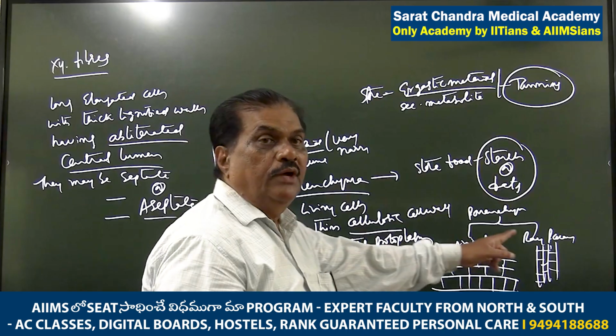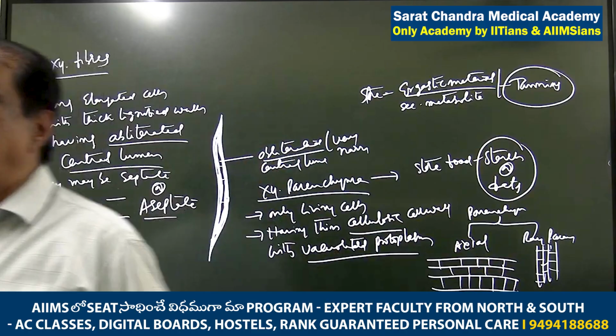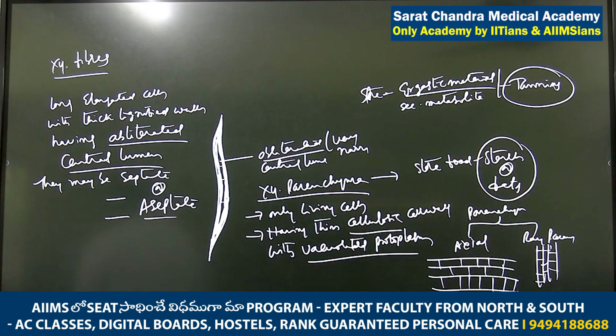So the ray parenchyma cells are helpful for radial conduction of water. That is also an important point.